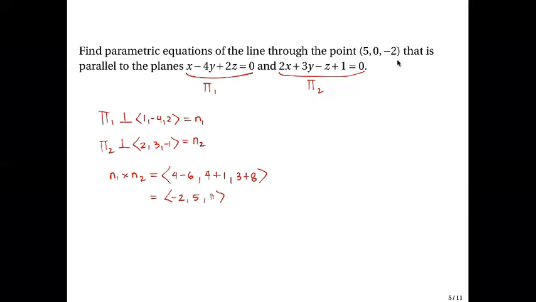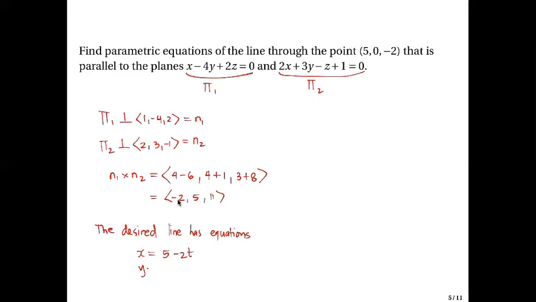Okay? And then we use this point so that we will get the actual line we need. So the desired line has parametric equations. We have x equals x naught, that's 5, minus 2t.